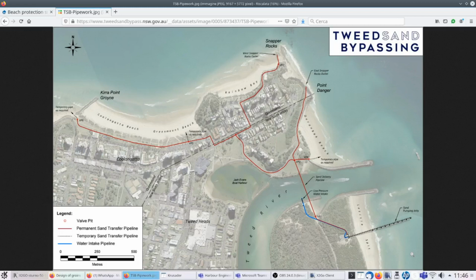So the idea when you want to protect the delta of a river, the estuary of a river, is to build vertical walls that go into the ocean, and they stop the longshore sediment transport. In this way, the longshore sediment transport is in part diverted offshore.